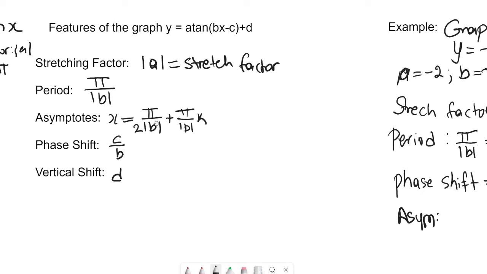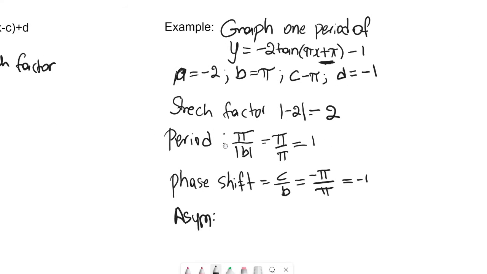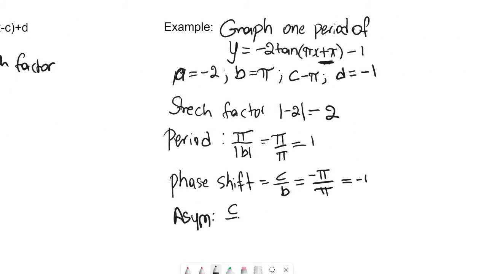But sometimes the asymptotes are affected by your phase shift, so we can also utilize C divided by B plus pi divided by 2BK, because your phase shift is going to have an effect on your asymptote. Remember, K is an integer, meaning a number, 1, 2, 3, -1, -2, and so forth. We already know C over B is -1.